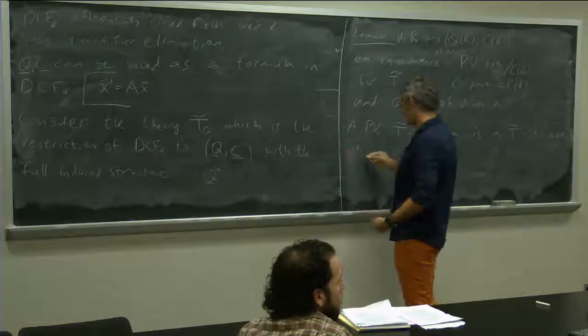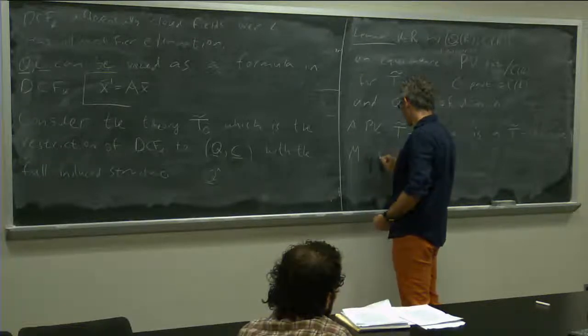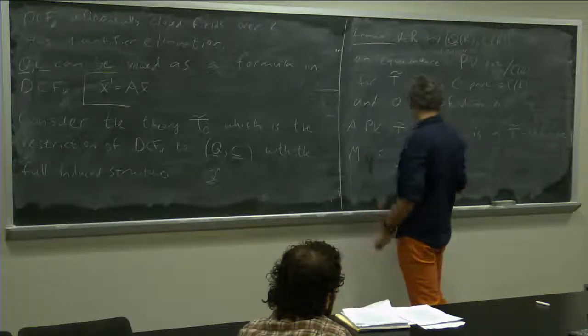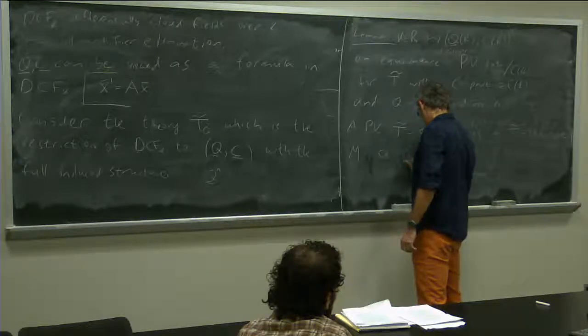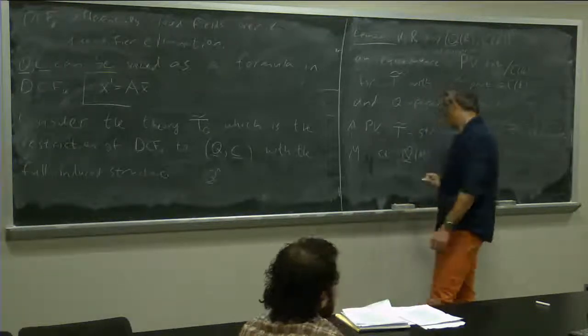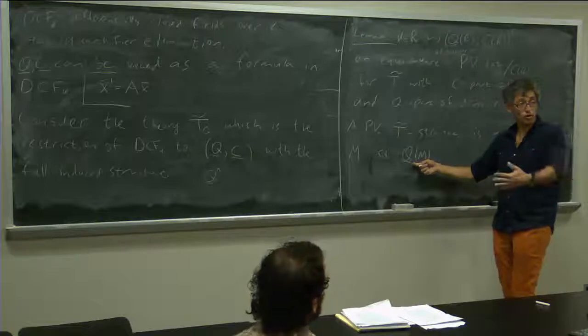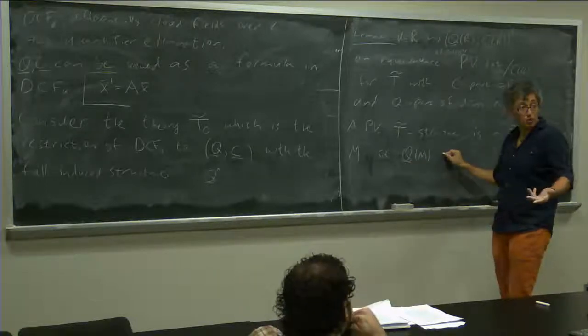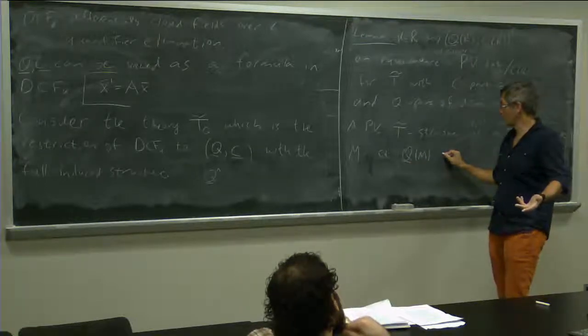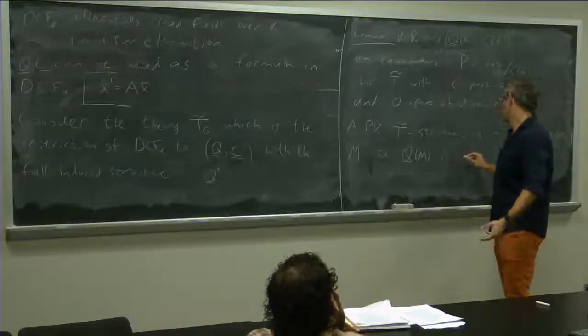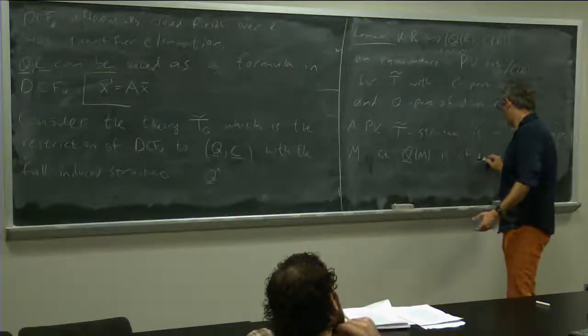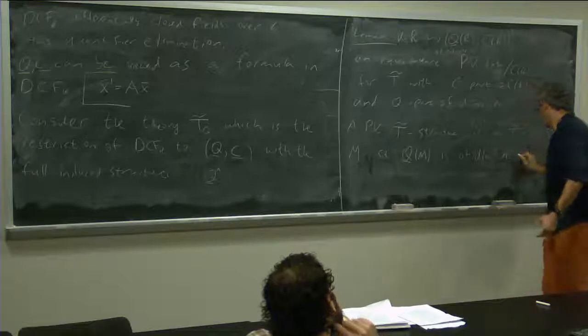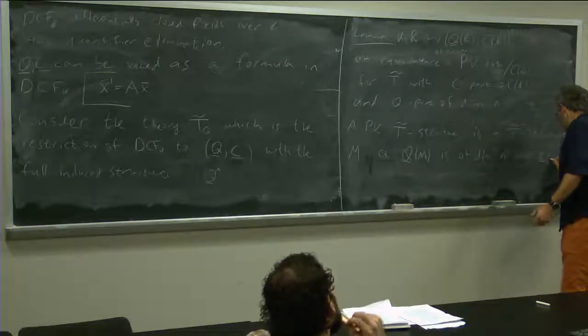The C part I denote by C of M, and Q of M is the Q part of M. So I already know that it's a vector space of dimension at most n, and I want it to be of dimension n over C of M.